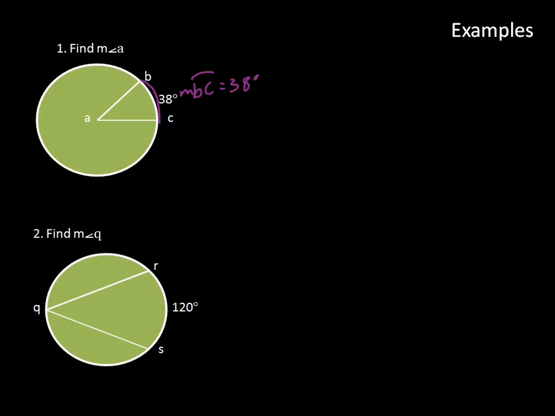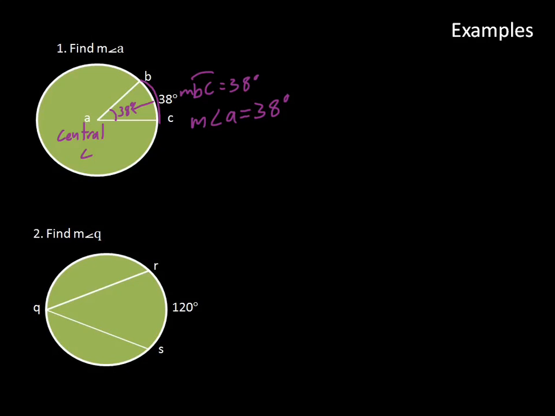We want to find the measure of angle A. Well, because this is a central angle, it is the same measurement as the arc outside, so this is also 38 degrees. So the measure of angle A is the same as the arc, 38 degrees.